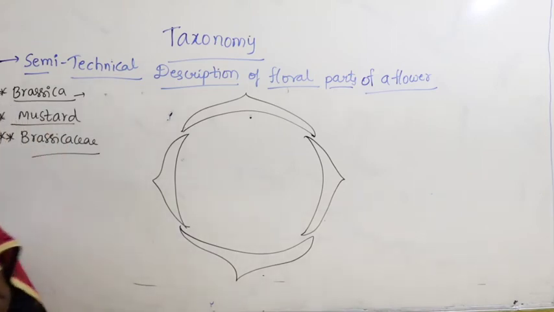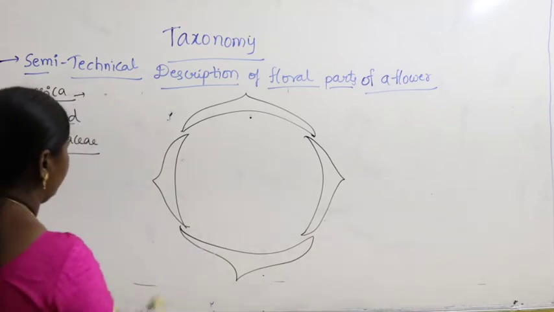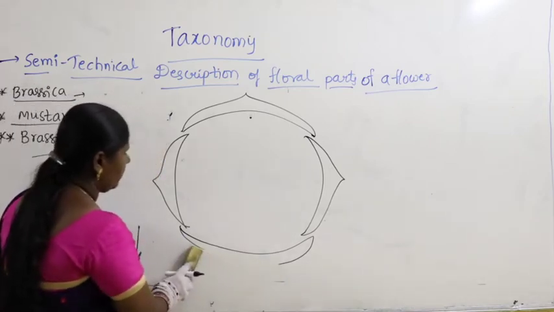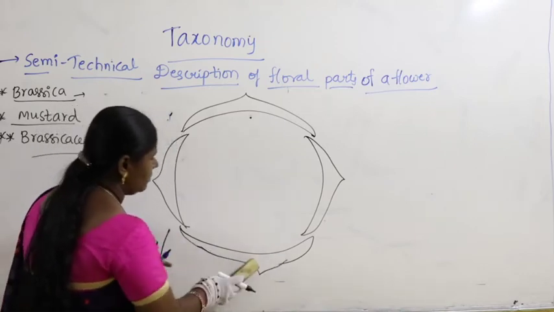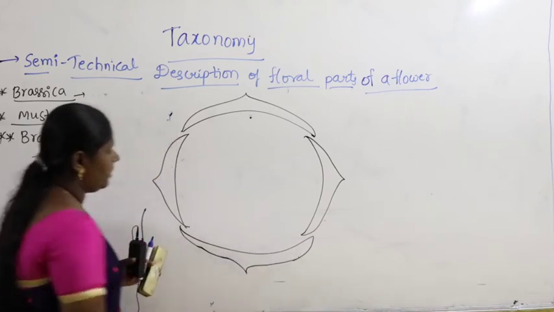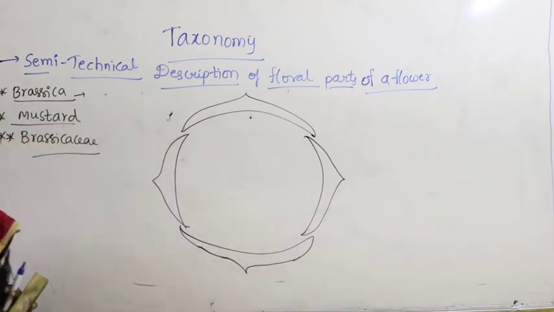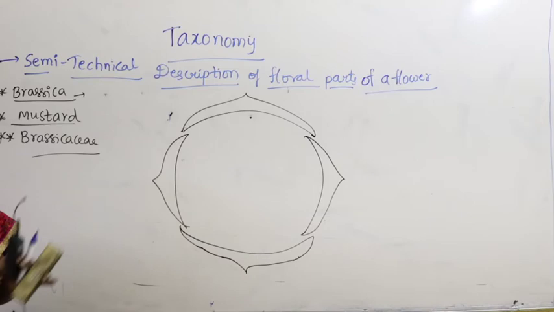You don't need to put the curve here. Okay, let's draw some curve, make a proper diagram, that is it. So this is nothing but the outermost layer, the calyx.